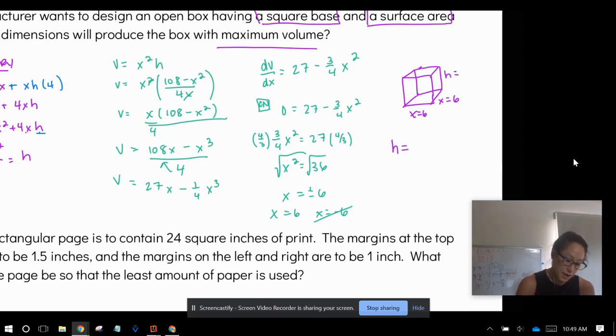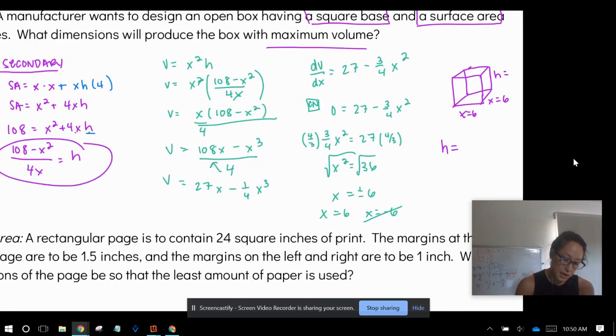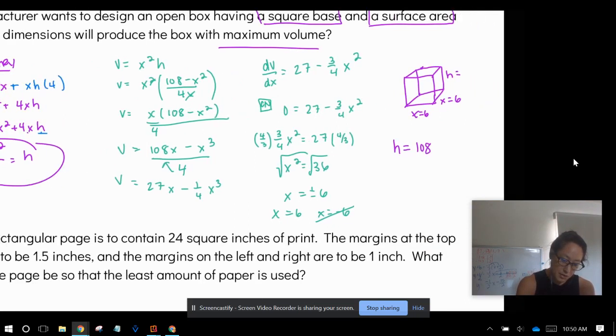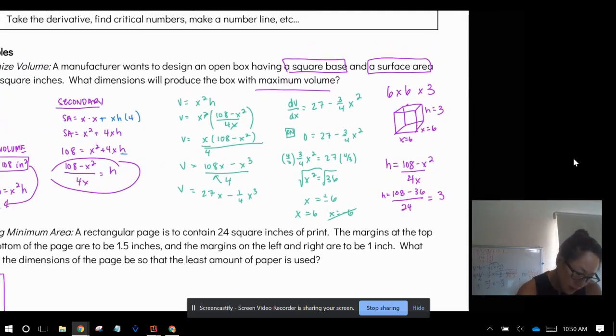The height is equal to 108 minus x squared, all over 4x. So the height is 108 minus 36 over 24, which gives us 3. So the dimensions are 6 by 6 by 3 inches.